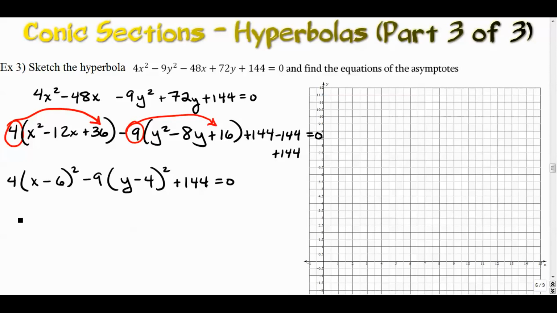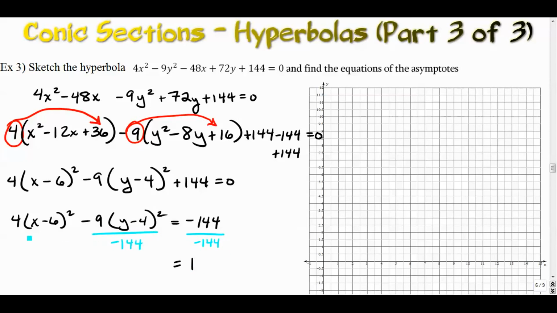I want to get that 144 over to the other side, so it becomes a negative 144. On the right-hand side of any hyperbola equation you want the number 1, so let's divide everything by negative 144.